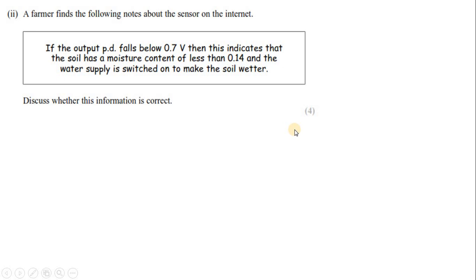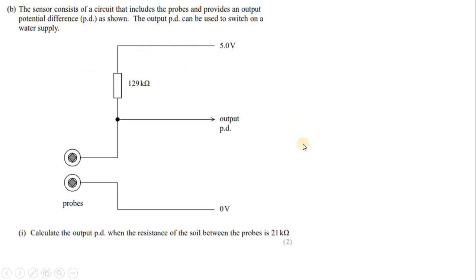Now, if you recall the circuit, this is a potential divider. So what happens if we find that the potential difference between the probes is 0.7? Now, what if I say the voltage is decreasing?